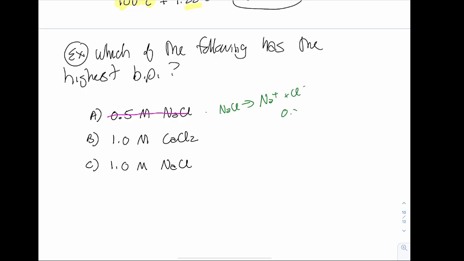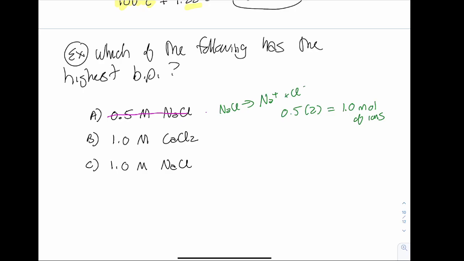So I would actually take the 0.5, multiply it by 2, and that's going to give me 1 mole of ions. And I'm assuming I have 1 liter of solution. If it wasn't, we would have to adjust that. But assuming just molarity, if it's 0.5 molar, I'm assuming 0.5 moles.